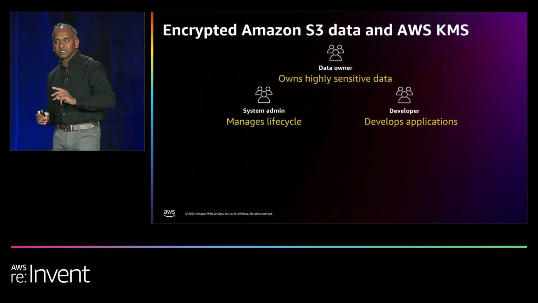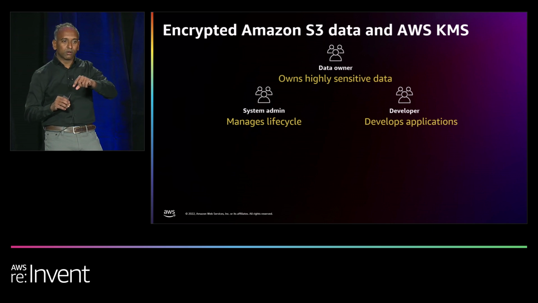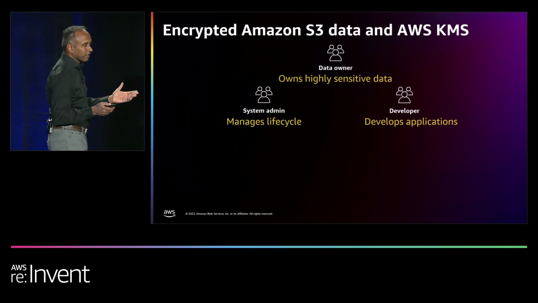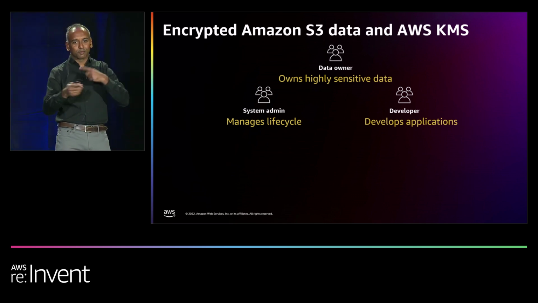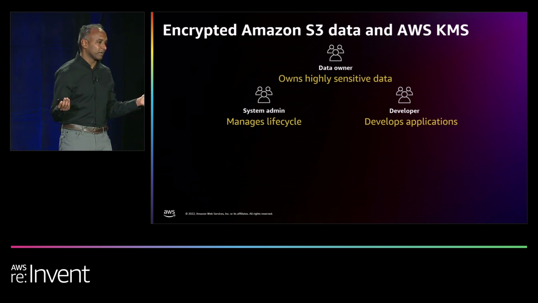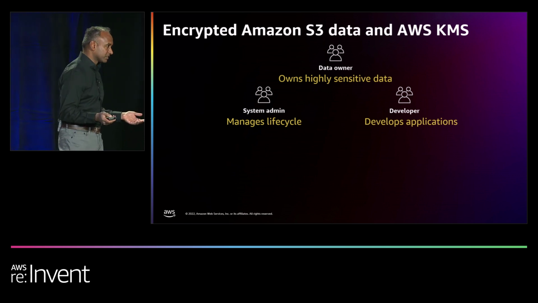And number 3 is the developer, the one who develops the application that's going to process the data, who could potentially have some malicious code running in there. As you can see from the way I'm describing this, this is a scenario where nobody trusts anybody, right? And nobody needs to. And that's the whole point of developing systems like this.